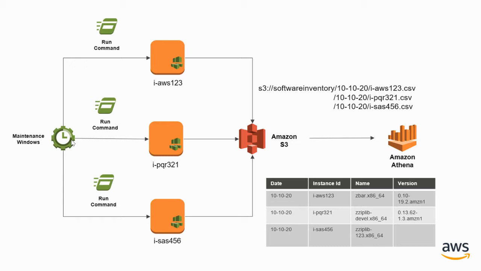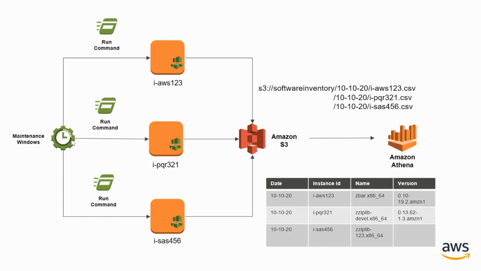After that, you need to tell the maintenance window when you need to execute this document. Suppose I have told that I need to execute this document every night at 12 o'clock. Now you need to specify on which machines you need to execute this document.